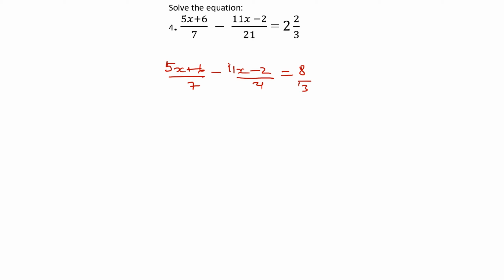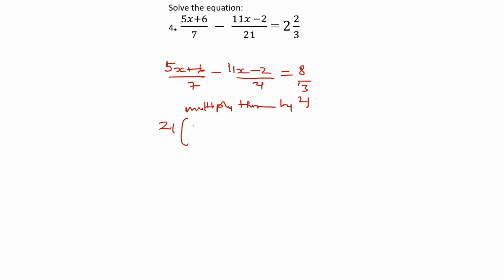So we multiply throughout by 21. Since 21 is our LCM, we multiply here by 21, multiply here by 21, multiply here by 21. You have to be careful with the minus sign because the minus sign always has an effect. So we have here 21 multiply, which means we're going to put this into bracket.